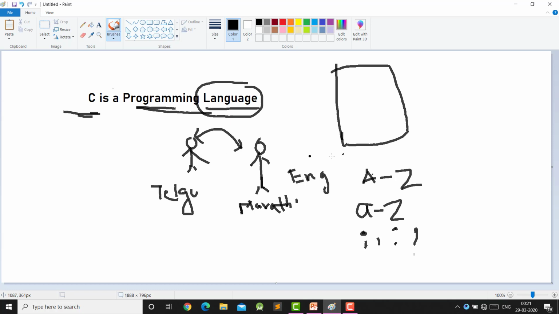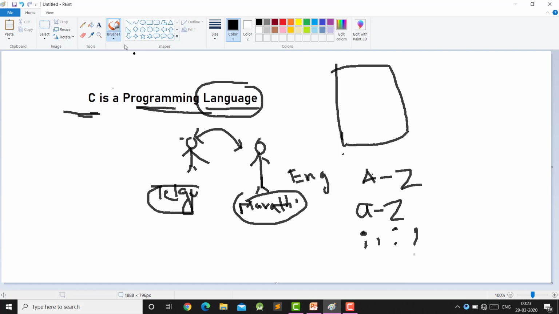If these two people want to talk, they won't be able to understand each other's language. This one doesn't know Telugu and this one doesn't know Marathi. So there is a requirement for a translator who knows both Telugu and Marathi.